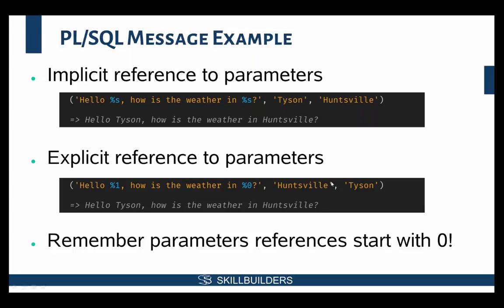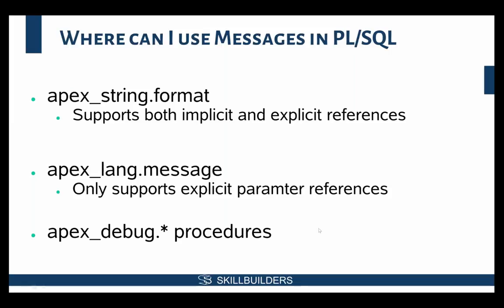But one of the things that I want to point out is that Apex string.format is the method that I showed above. It supports both the methods that you just saw, the implicit and explicit reference. Another way that you can use formatted strings, which is more common, especially when you're dealing with multilingual applications, is the Apex lang.message.